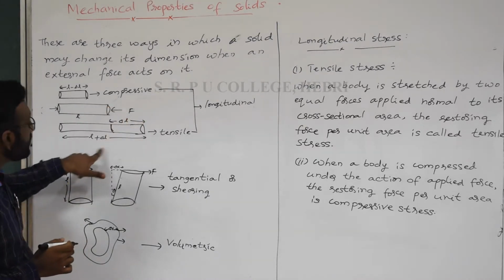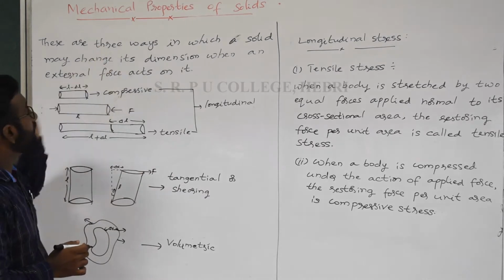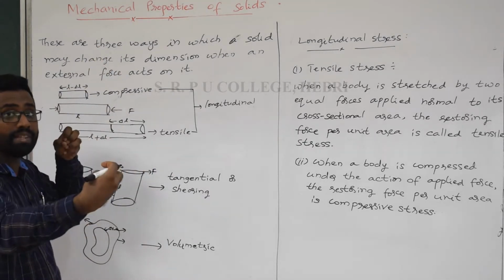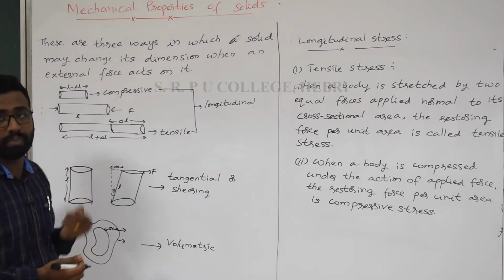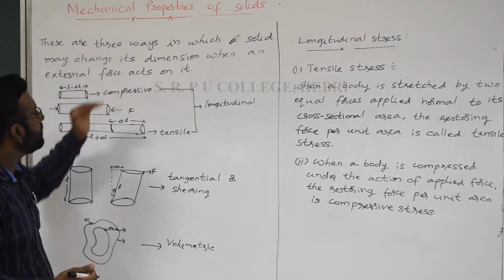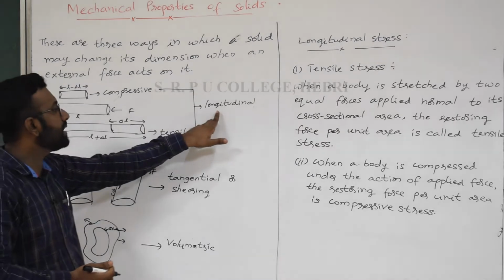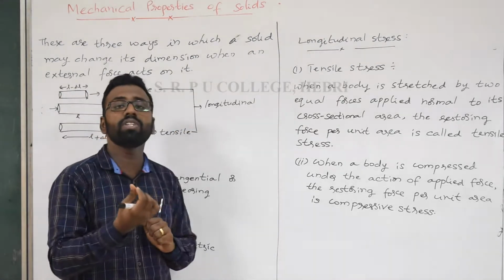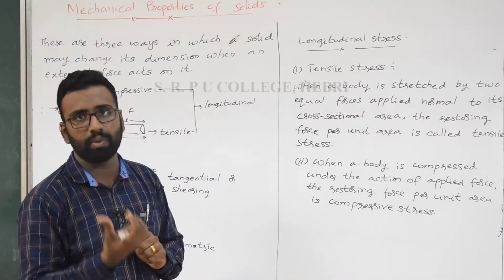Here the stress is tensile because length increases, and here it is compressive. Together, compressive and tensile, we can call it longitudinal. So this is one of the ways in which a body can change its shape or size.